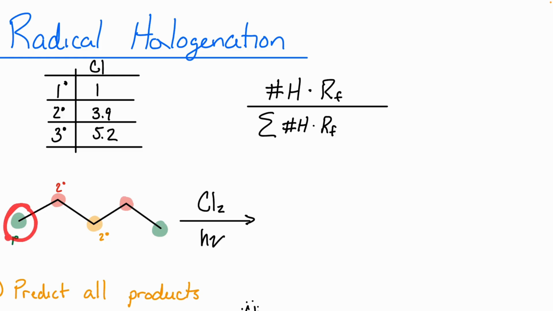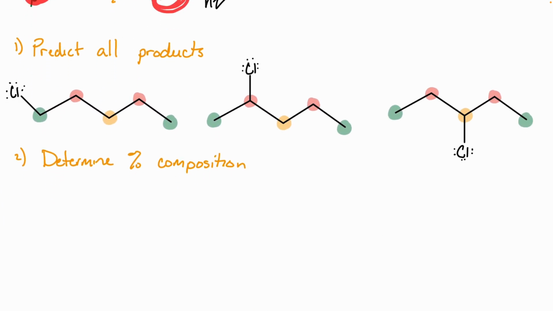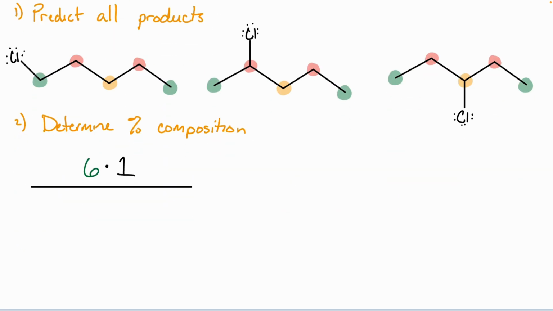So I could substitute any one of these 3 hydrogens to get that 1-chloropentane, or I could substitute any one of these 3 hydrogens to get that 1-chloropentane. So in this group here, my green group, there are 6 possible hydrogens times that reactivity factor of 1 divided by that sum total, times 100 because we're talking about a percent.